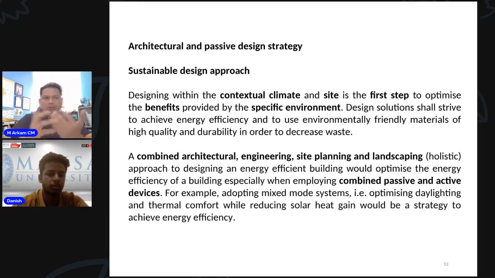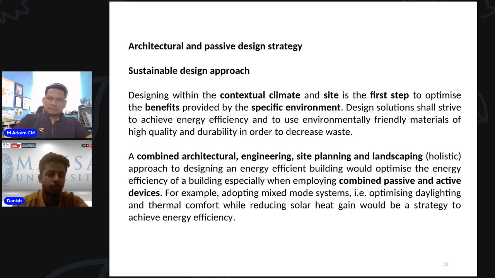So overall, that is where we go for holistic approaches, where we take care of everything, understand the specific environment, contextual climate. At the same time, we go for a combination of architectural, engineering, site planning, landscaping, vegetation, hardscape, landscape, softscape, and all those combined become our passive building. Later on, we add minimum active devices just to make sure the building is working properly under control.